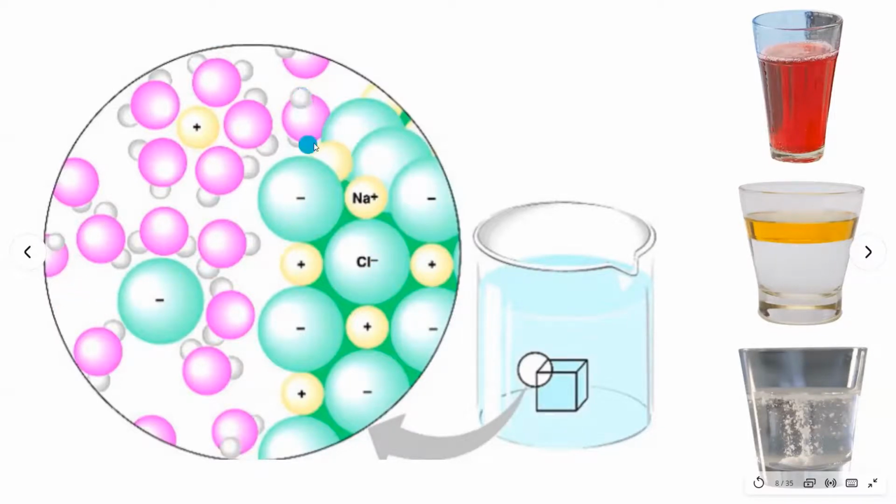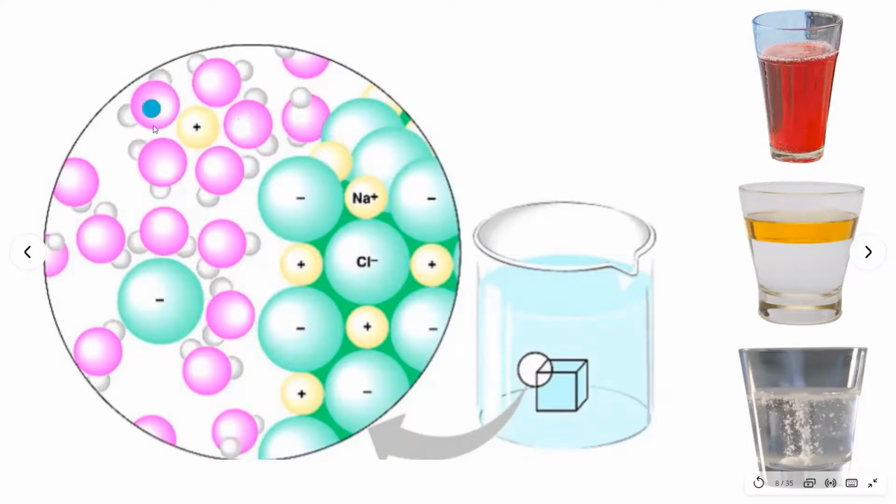At the same time, the slightly negative end of water with the oxygen is coming along and surrounding each positive ion, each sodium ion, causing the attractive forces between the sodium and the chloride ions to break, the attractive forces between the water to break, and new attractive forces to form between the positive sodium ion and the slightly negative end of water.